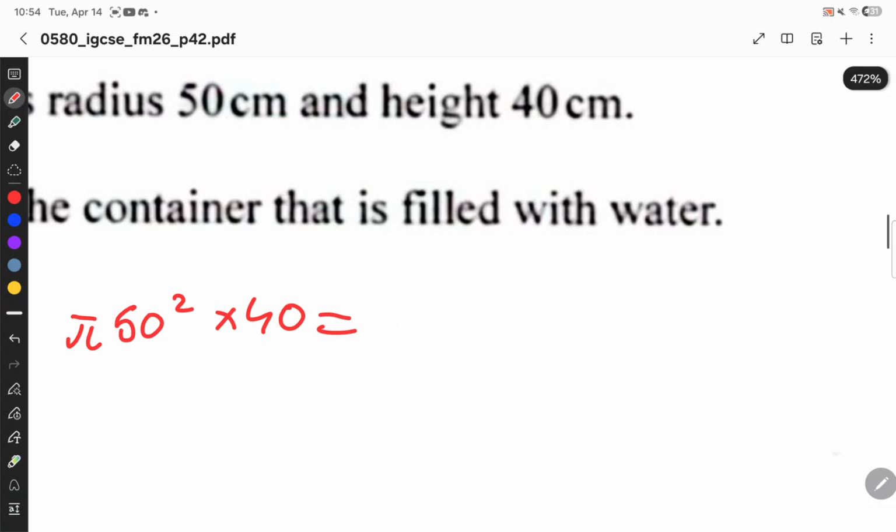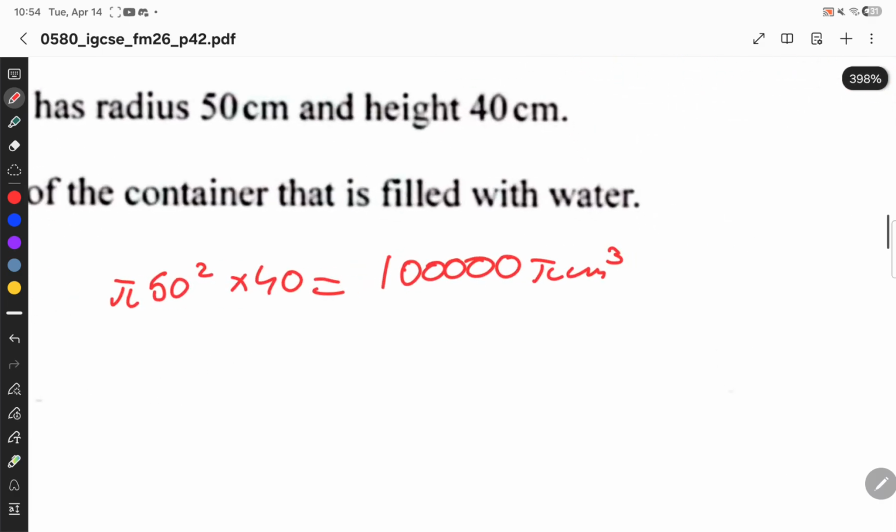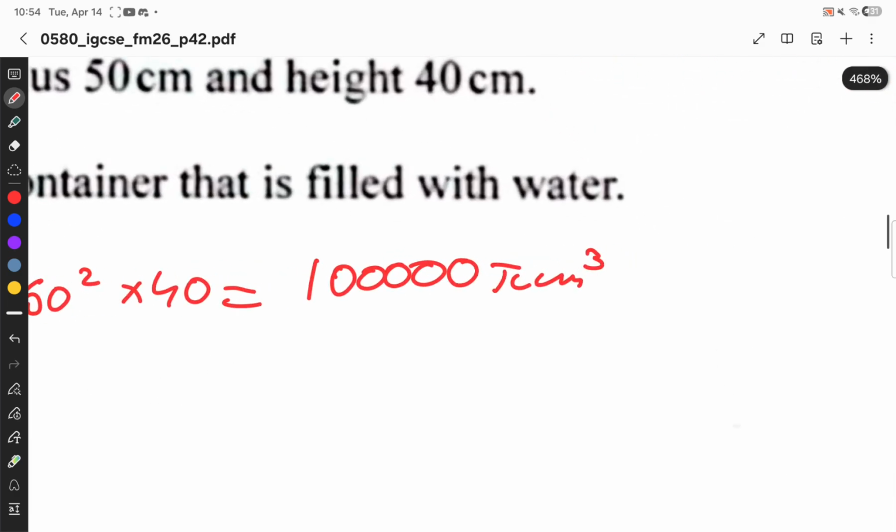This is so perfect, man. So this is 5 zeros, pi centimeters cubed. Okay, so this is in centimeters cubed. We divide by 1000, so we get 100 pi liters.